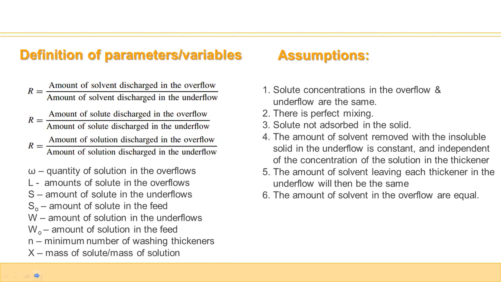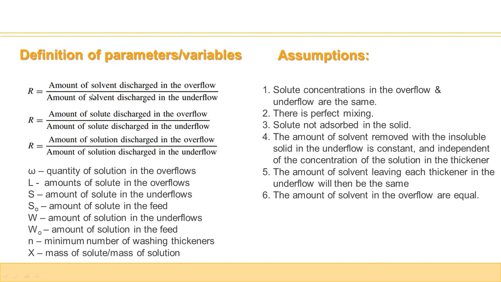There are things that we need to define in terms of the parameters or variables present in the formula that we will be using to determine the number of thickeners for a multi-stage leaching process. Whenever you see the R, that R could represent all these three ratios.